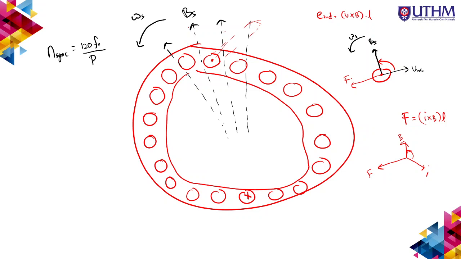Okay, so once the force is produced in this direction, you can imagine at this point the force is like this, at this point the force is like this. So for this point it is reversed, because the current flows in reverse, current flows backward, so it is moving like this. So everything will move, the force is produced like this. So you can imagine all of it will be in the same direction.